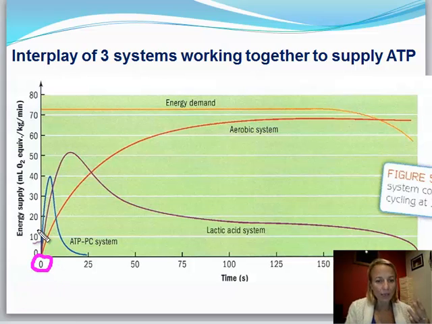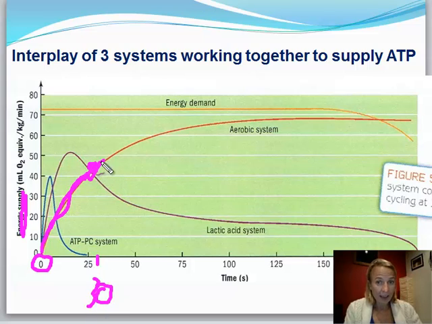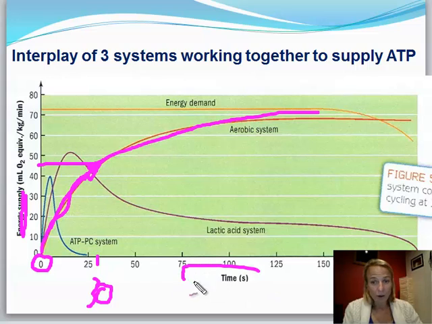So here, when we start exercising, all three energy systems are activated, and as you can see, the aerobic system is the last system to be the major contributor of energy supply. It's not until the athlete is working for around 30 seconds that the aerobic energy system becomes the major contributor.